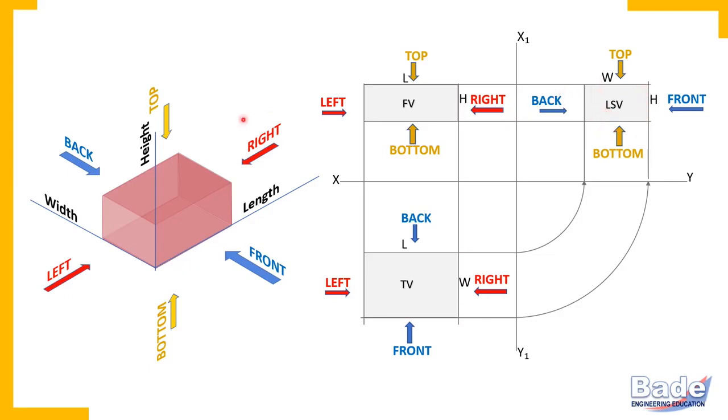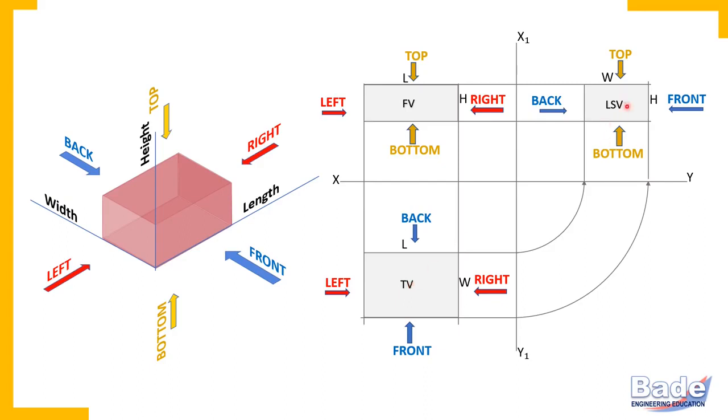So remember, you cannot show all these 6 sides in orthographic views. In each orthographic view, you can show only 4 sides. In the front view, listen to the statements I am now making. In the front view, front, back overlap. In the top view, top, bottom overlap.